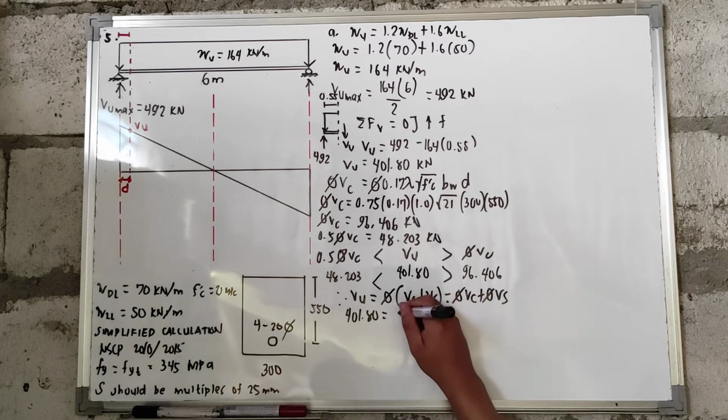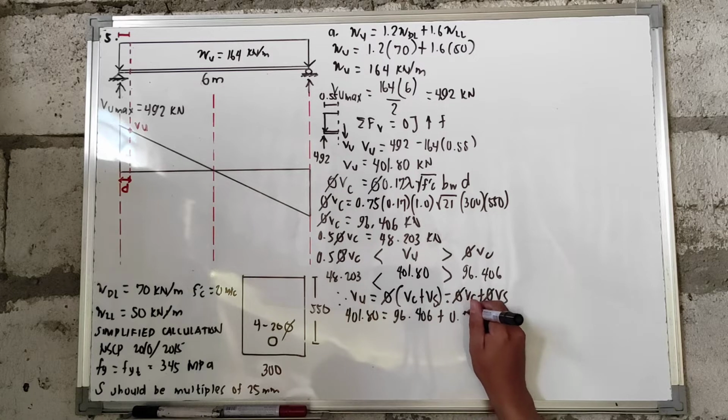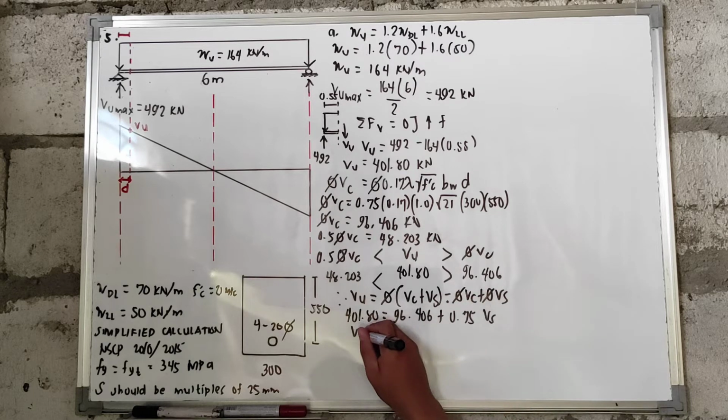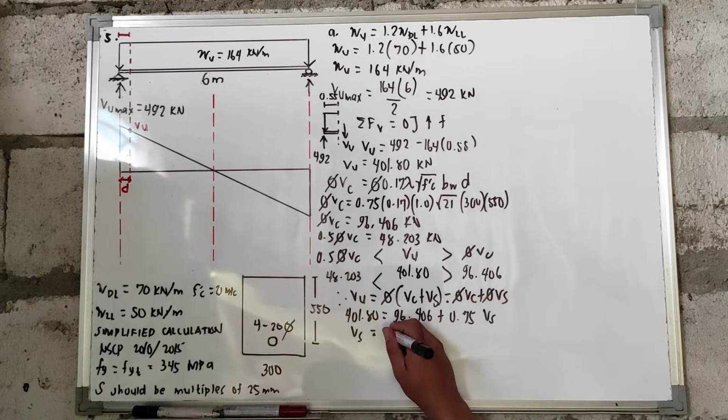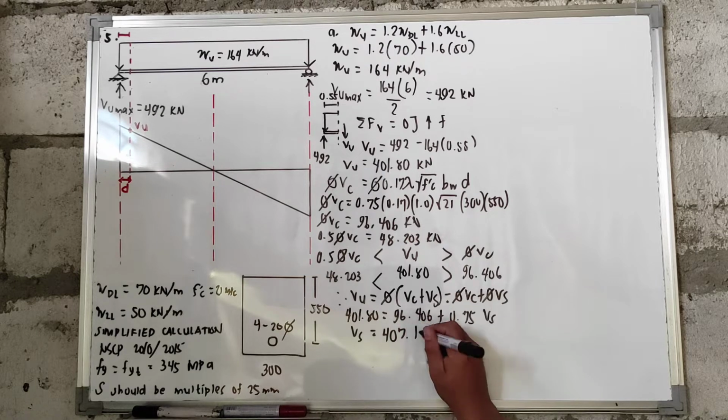Yung PVC natin, that is 96.406 plus 0.75 multiplied by V sub S. So the value of your V sub S is now equal to 407.192 kilonewton.